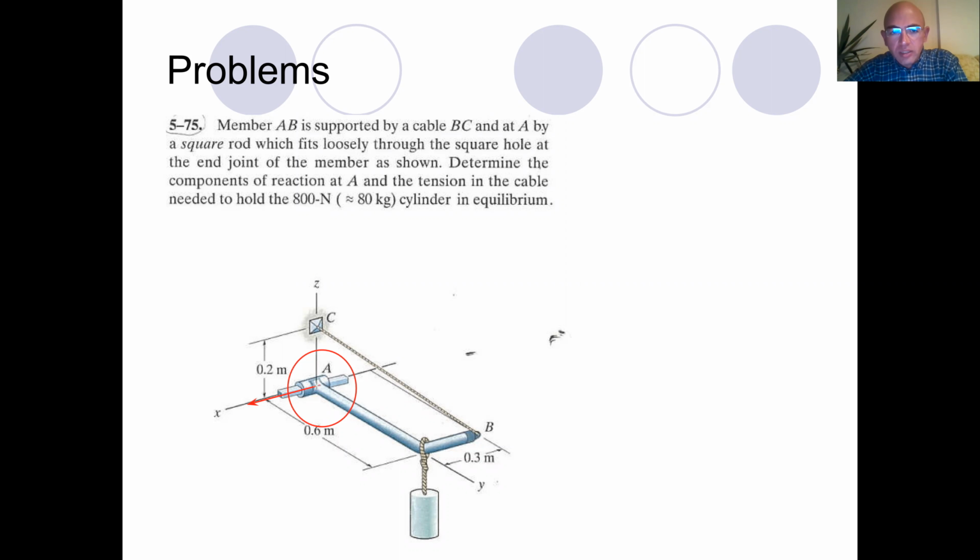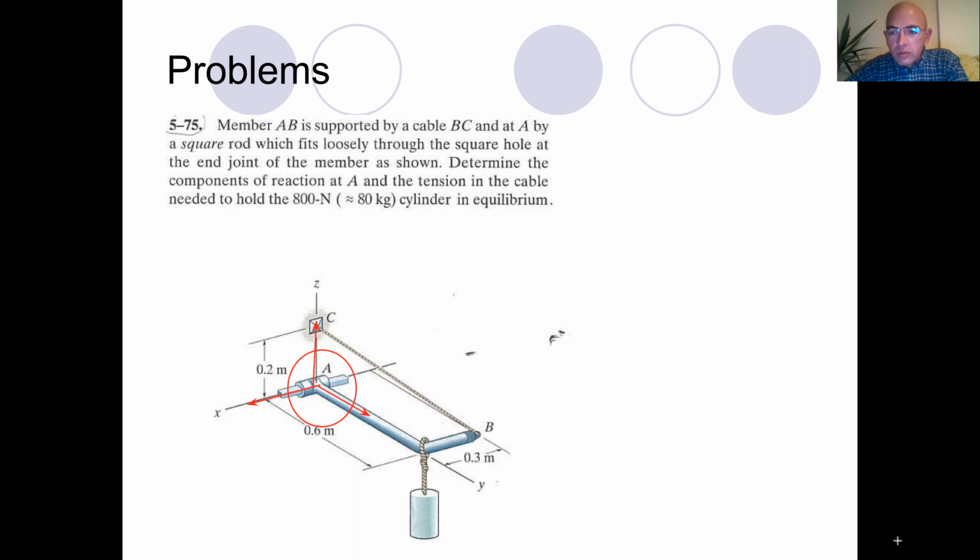This basically means that there is a reaction moment in y direction. It is the same for the z-axis because the joint A cannot rotate around z-axis. As a result, we have a component of the moment in z direction. Now these are the things that we see when we analyze the problem.